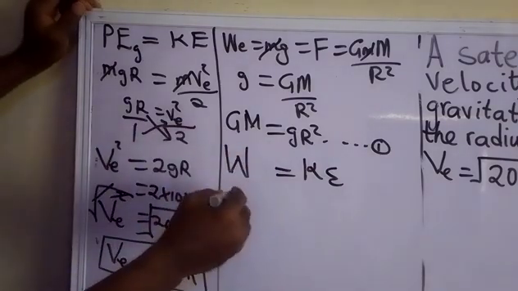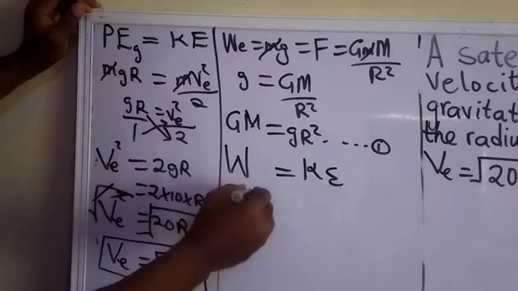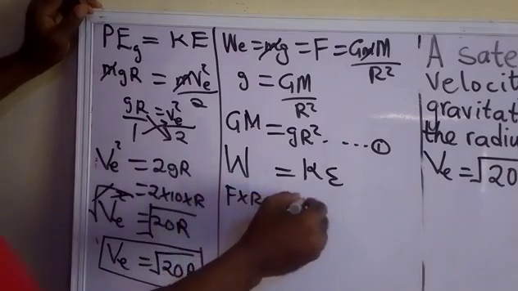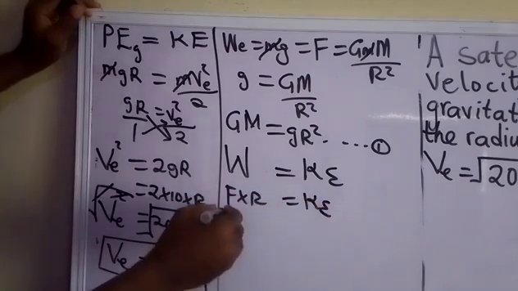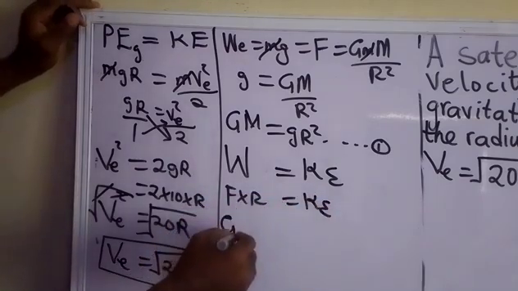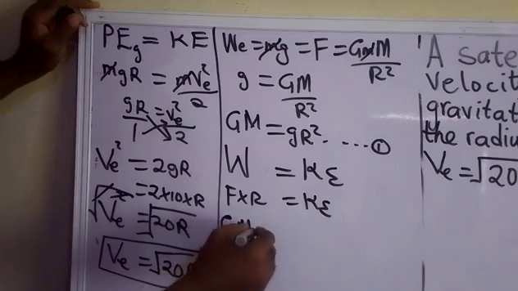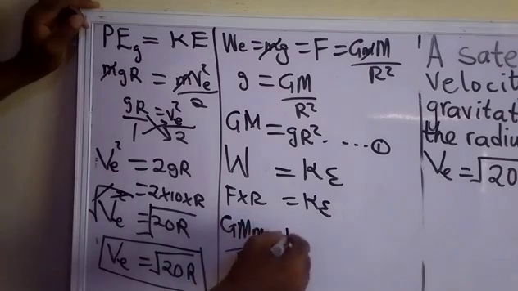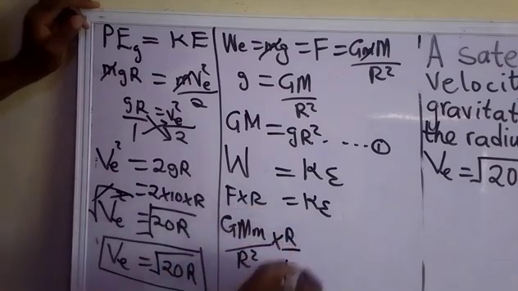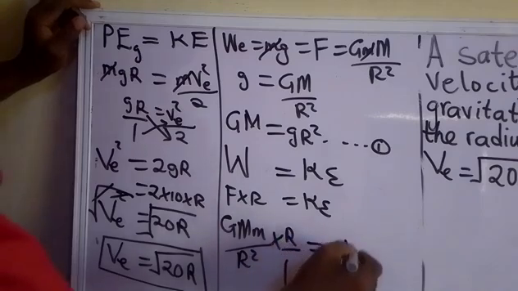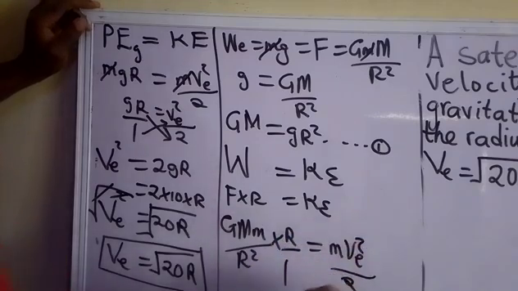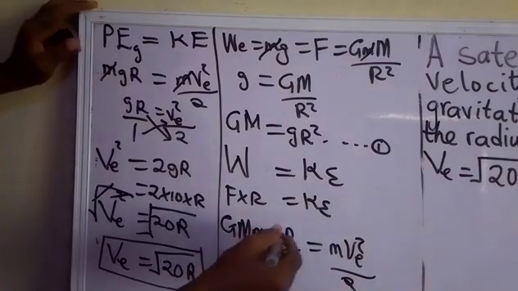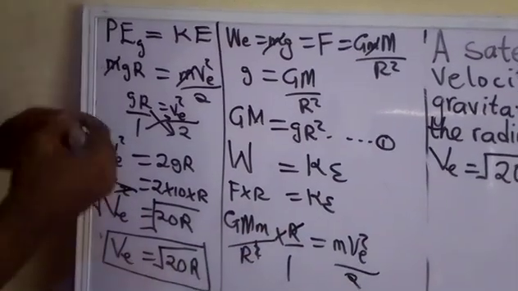Now, what is work done? Force times distance must be equal to KE. The force is G times mass of the Earth times mass of the satellite over R squared, multiplied by R, over 1, which should be equal to m v_e squared upon 2. So this R will cancel 1 here.